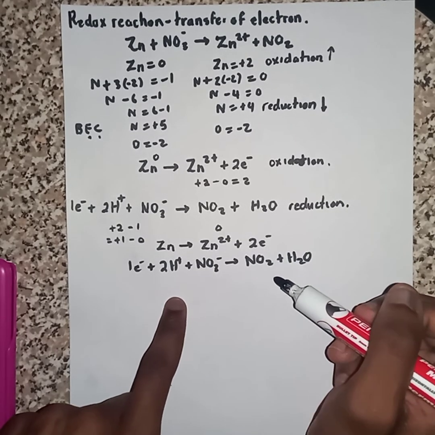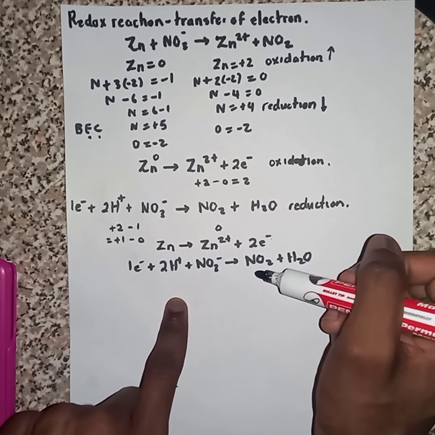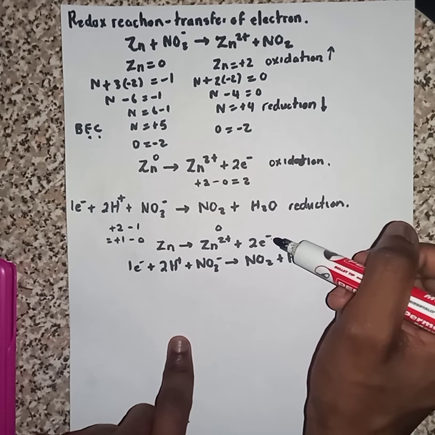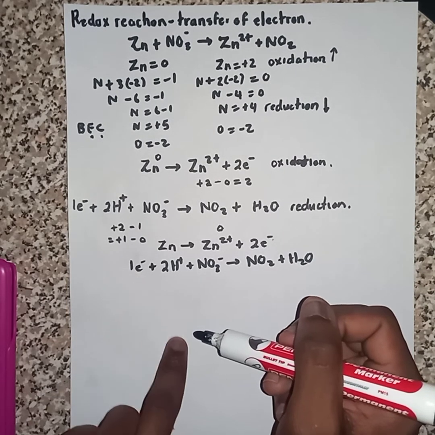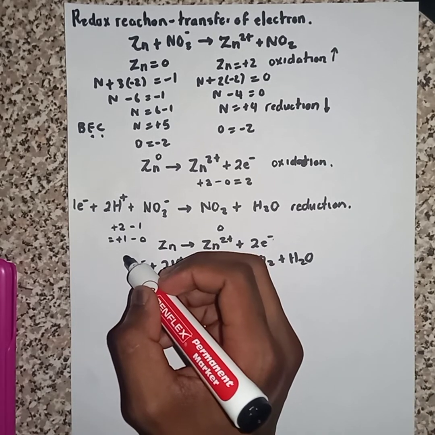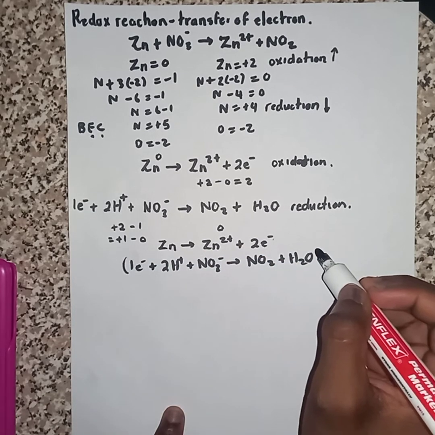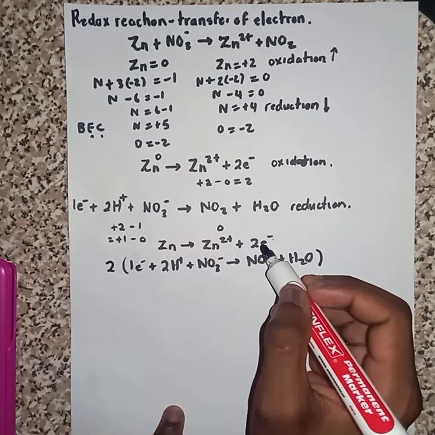For us to write a net equation, we have to balance the electrons of equation 1 together with equation 2. On my equation 2, I have 1 electron. For them to be balanced, I'm going to multiply everything by 2, to make it look the same as that one.